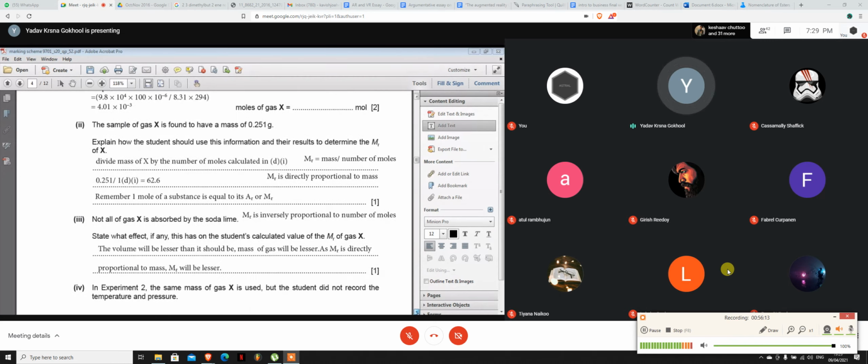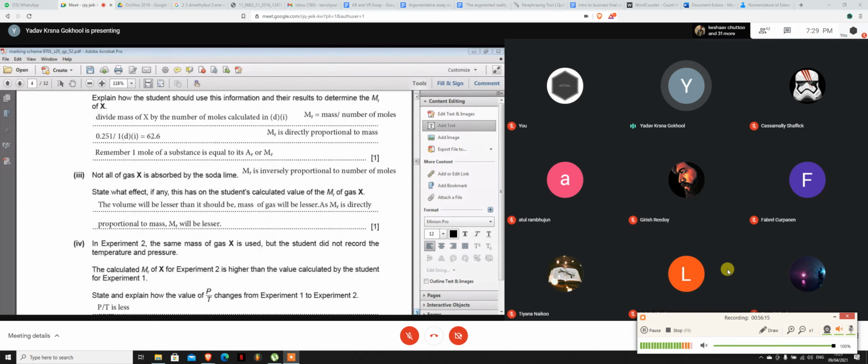Not all the gas of X is absorbed by the soda lime. So what effect? If not all is absorbed, the mass of gas which will be collected will be lesser. And again, you just look at over here, please, you can see that MR is directly proportional to mass. That's why I've written this part also over here.